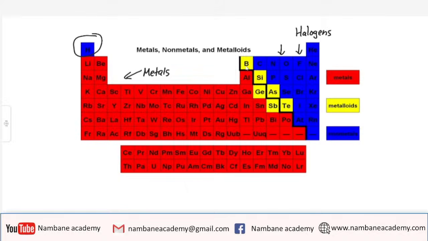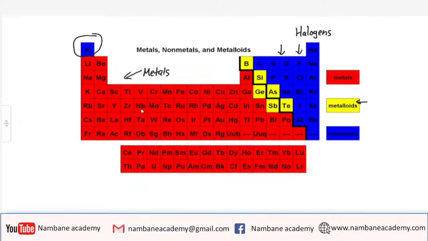The ones on this step are metalloids, which means they have properties of metals and non-metals, but it depends on the specific element. Sometimes it behaves more like a metal under certain circumstances, and sometimes more like a non-metal. It depends on what stress it is being exposed to.